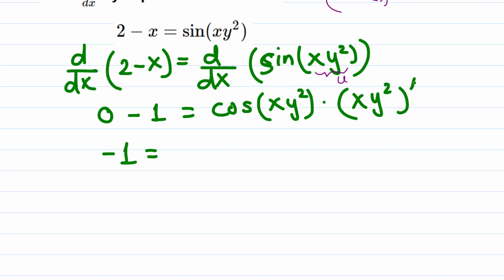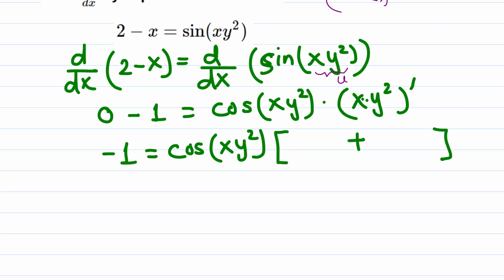Look at the derivative. This prime means derivative with respect to x, and we got a product here, so we must use the product rule. So this is cosine of xy squared. When we use the product rule, we're going to get two terms, so I'm going to put parentheses or brackets, it does not matter, plus.